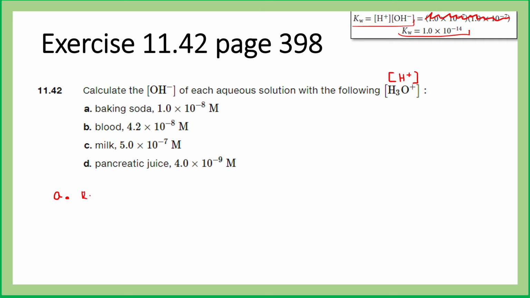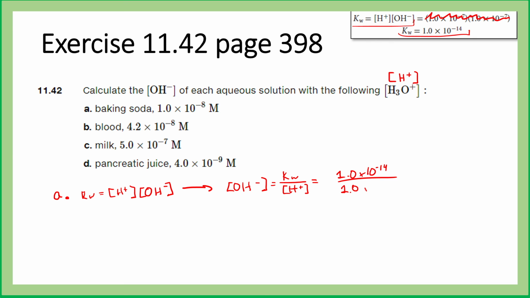So again, we will use the formula and solve for the hydroxide ions. So it will be hydroxide ions equal to the water constant divided by the hydrogen ion concentration. 1.0 times 10 to the minus 14 divided by 1.0 times 10 to the minus 8.